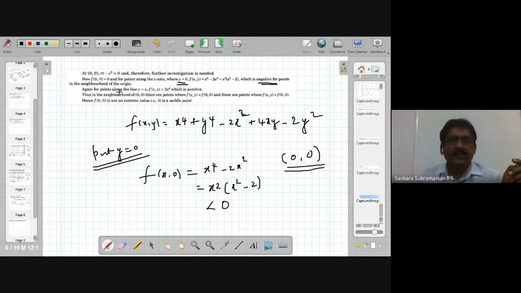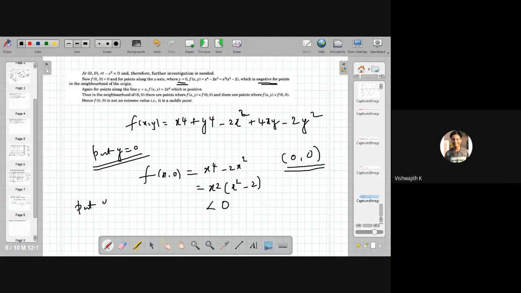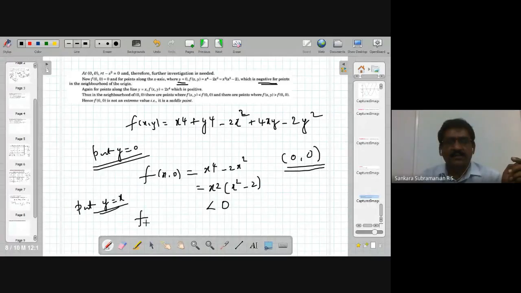Again, for the points along the line y equal to x, it says put y equal to x. So you put y equal to x in that equation. What do you get? F of x comma x. You get x power 4 plus x power 4, 2x power 4.